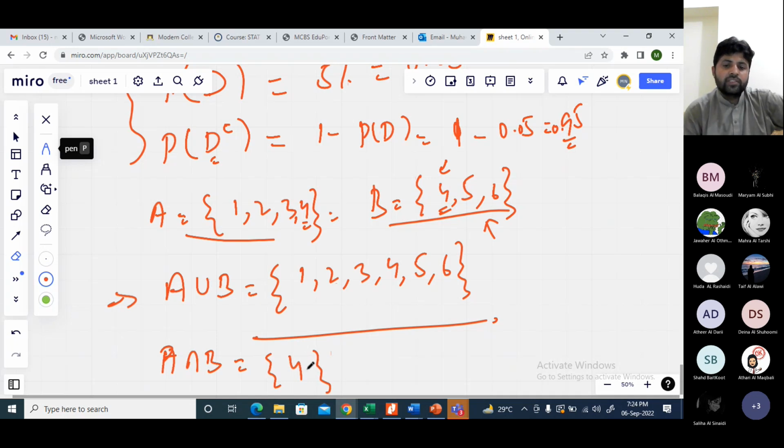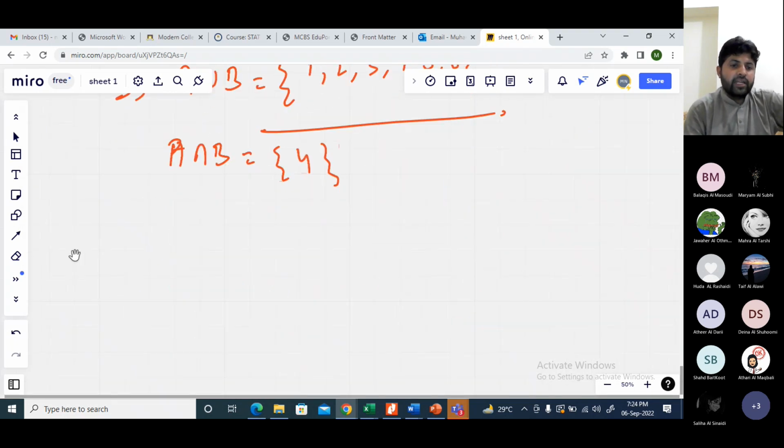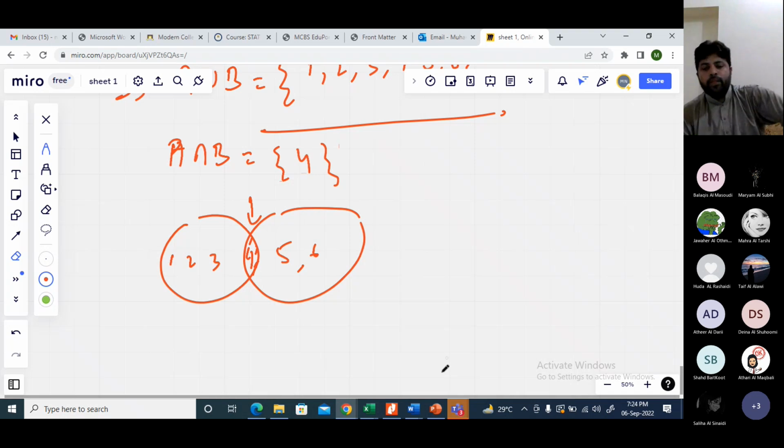In circles, 4 is common, and 1, 2, 3, 5, 6 are outside it. So this is the intersection part. I think this is the simple one.